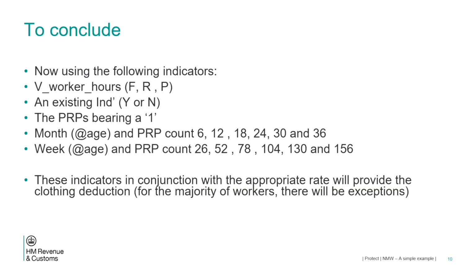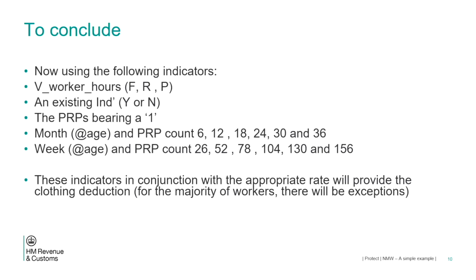So then we've got the following indicators that we've added, which would be the work hours. Remember, that was your full, your reduced or your part-time hours. Then the existing indicator: were they already there prior to that review period? And you've also got the PRPs bearing a pure 1, where 1 does equal 1.